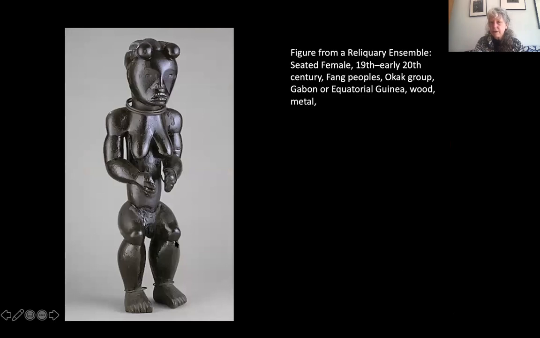This is the same one that I just showed you, but from another point of view. You can see that it's not naturalistic. The proportions of the body are not realistic, right? This is what was so mind-blowing to European artists in the early 20th century who were trying to break away from Renaissance naturalism, because Western art had been stuck in a rut for almost 400 years of this Renaissance tradition.